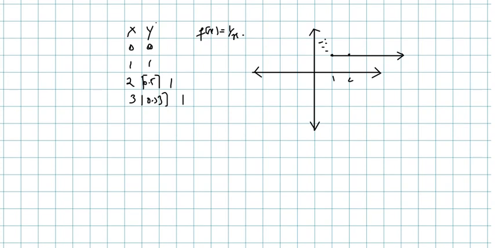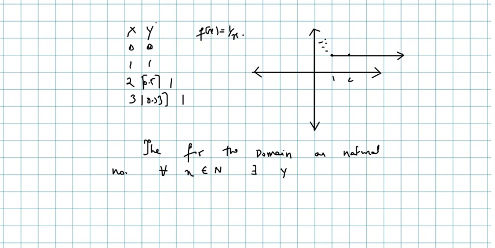Hence for the domain as natural numbers, for all x element of the natural numbers, that is the domain, there exists y, there exists only one single y.